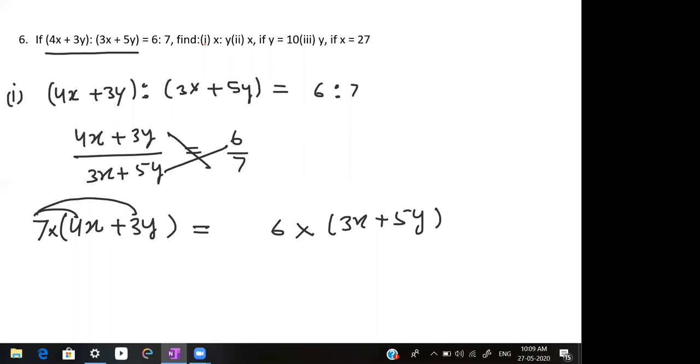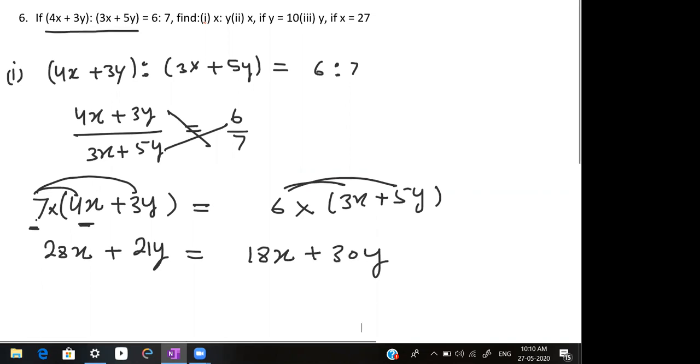So when you will multiply 7 with 4x, you will get 7 4s are 28x plus 7 3s are 21, 21y is equal to, now multiply 6 with both of them. So 6 3s are 18x and 6 5s are 30y. Is it clear?